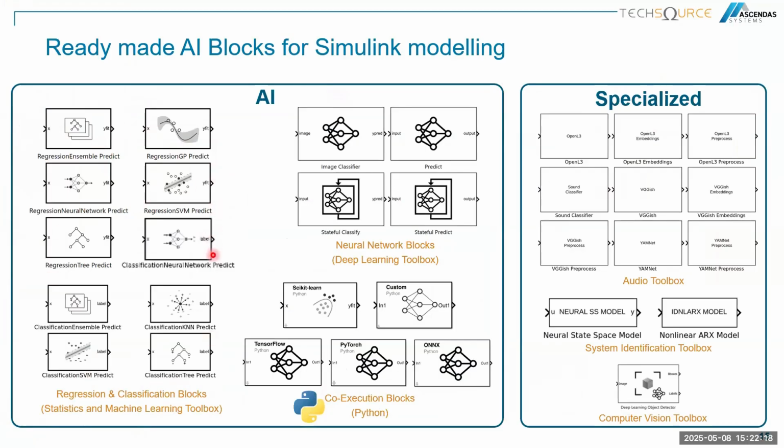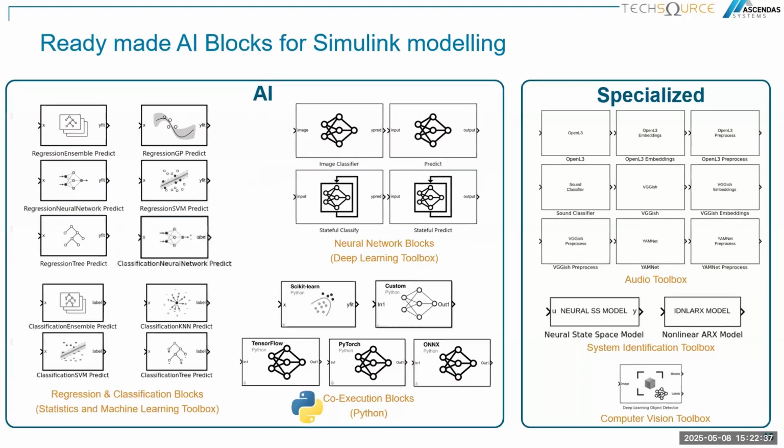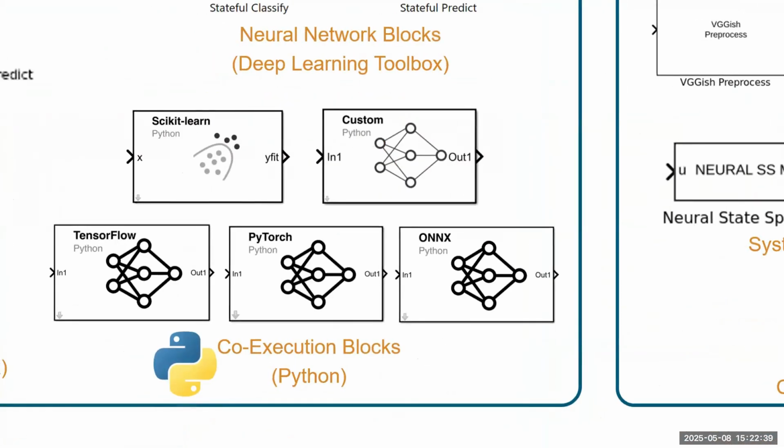In MATLAB, we have applications called Classification Learner, Deep Network Designer, and Regression Learner. There are many applications that help you create the AI model. Also in the AI blocks, you can import third-party models, for example from Python. You can insert TensorFlow, PyTorch, ONNX here to use in model-based design.